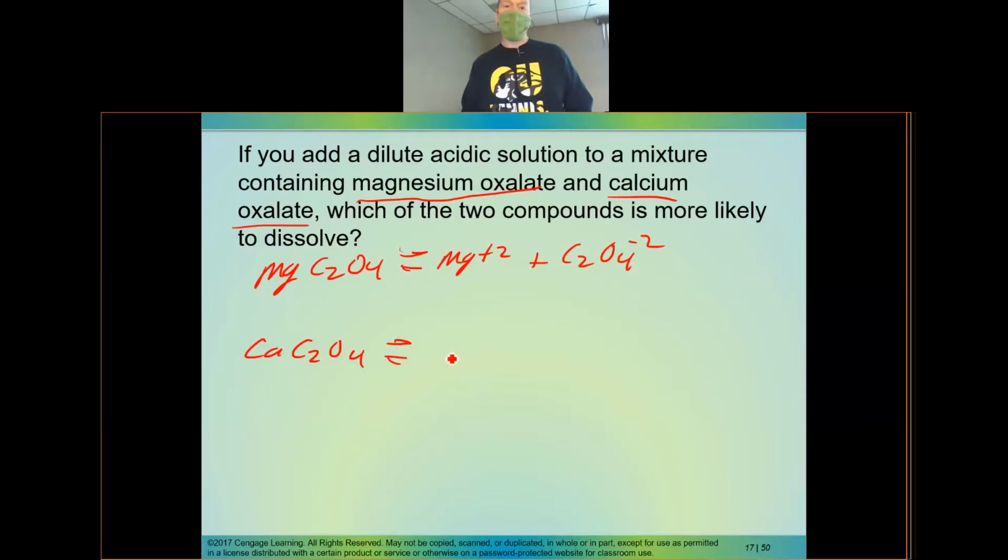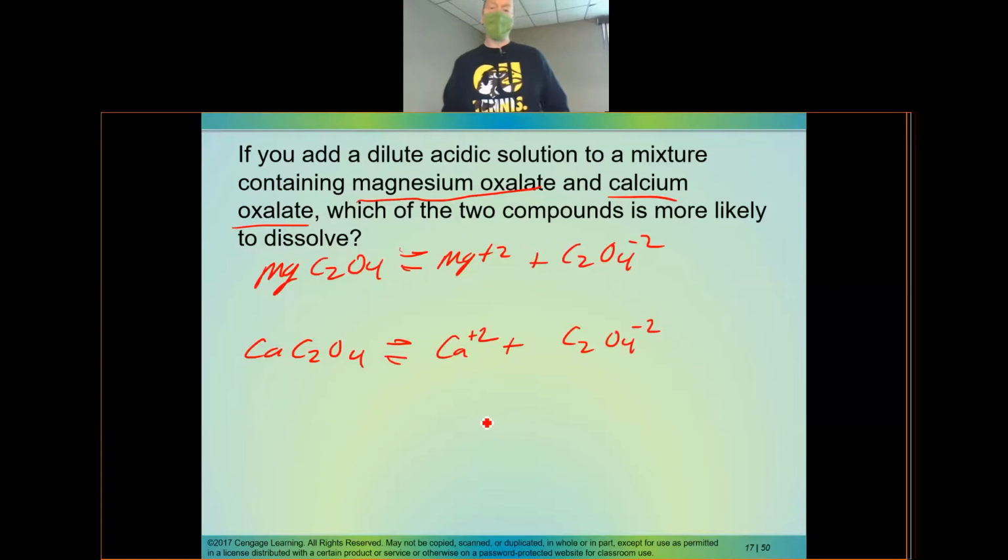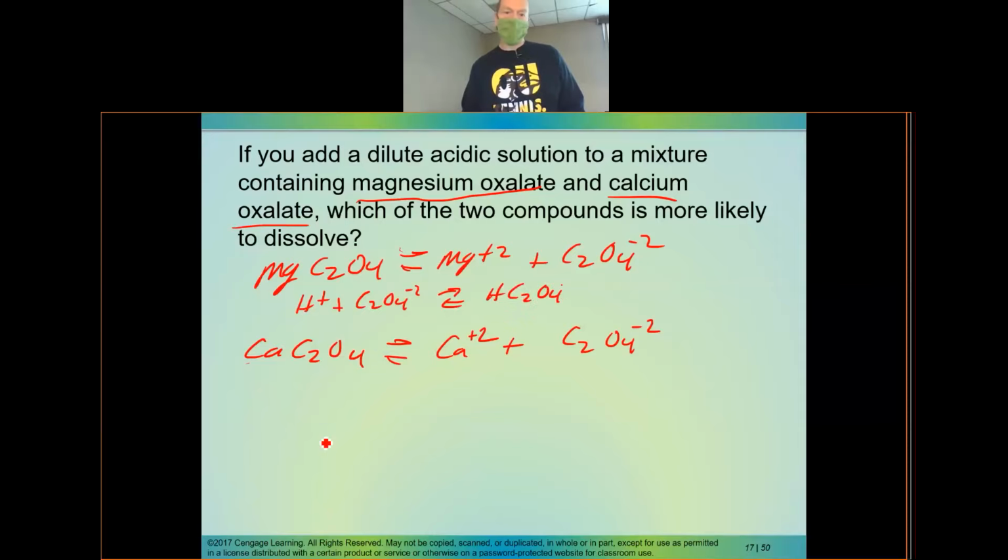Note here, both of these have the exact same anion, C2O4 minus 2. And so when you add the acid to the C2O4 minus 2, you're going to get HC2O4 minus. Exact same reactions down here: H plus, C2O4 minus 2, and HC2O4 minus.